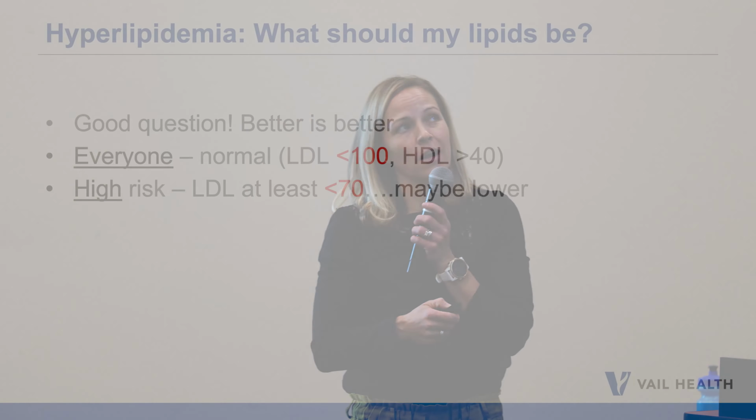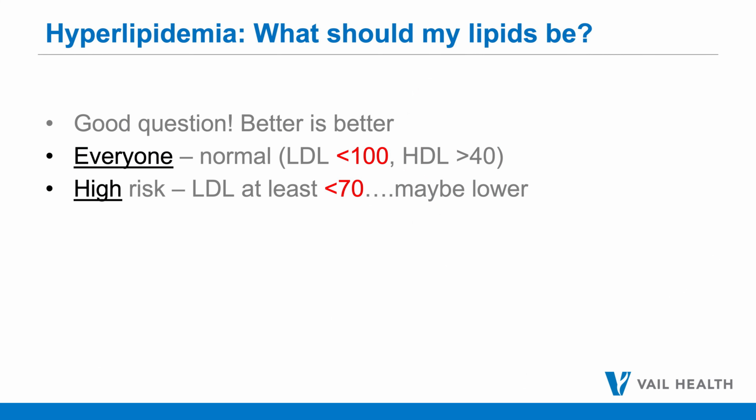And so most of our focus is really around the LDL. So what should my cholesterol be if you're not saying this 200 number? Pretty much everybody should have a normal LDL, which is less than 100.